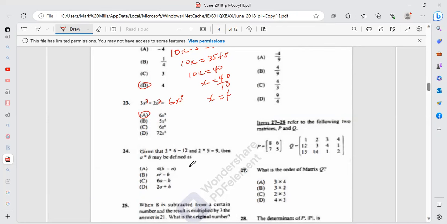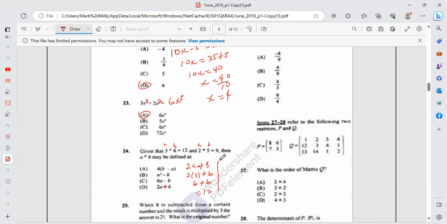Let's try the D. So remember that this is A and this is B. So you have 2A plus B. Let's see if you work it out to get the 12. So if I put 3 here, it should be 2 times 3 plus the B, which is 6. So here I'll get 6 plus 6, and I get 12.